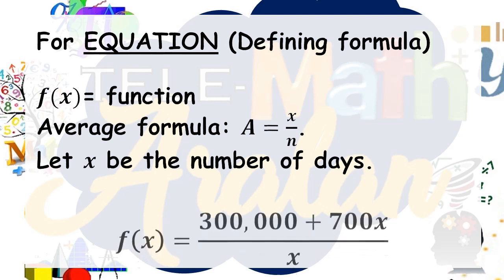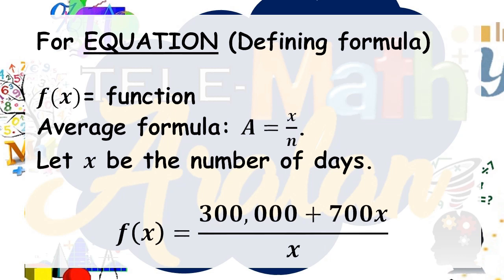So we will have f of x is equal to 300,000 plus 700x all over x. Observe that it is similar to the structure of our original formula from the average. Note that you will be using a formula depending on the classification of problems given to you.